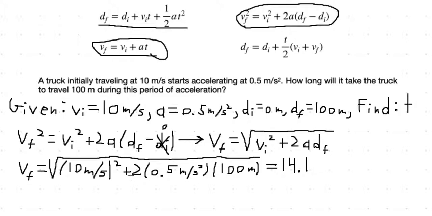But that whole thing gets square rooted. So we have the square root of meters squared per second squared. And if that gets square rooted, we're just left with meters per second, which is the correct units of velocity.